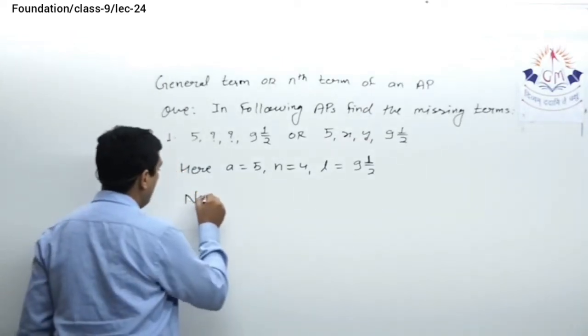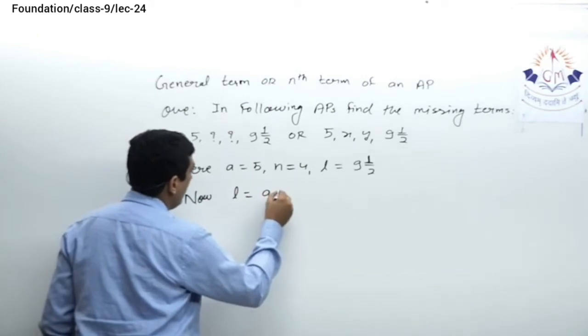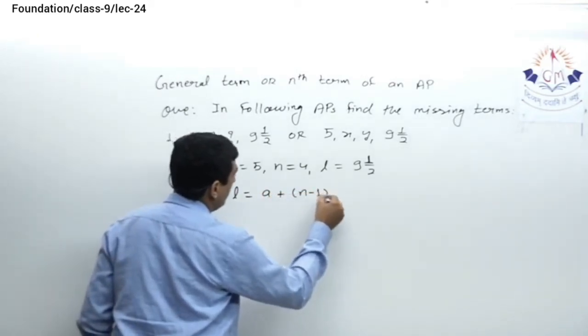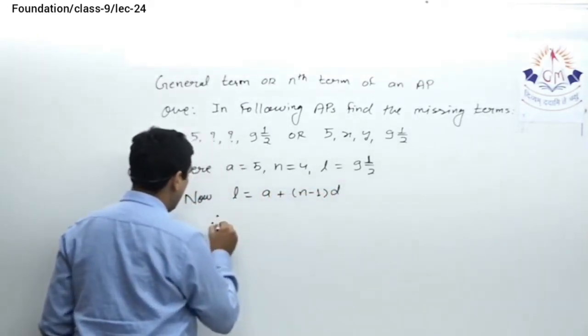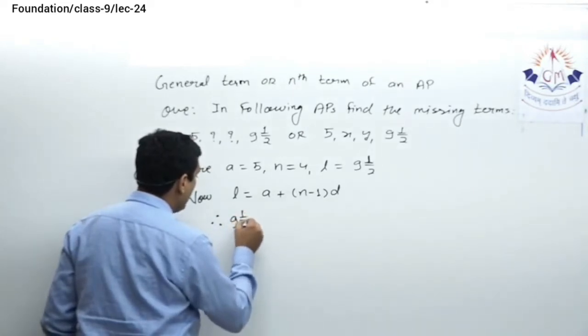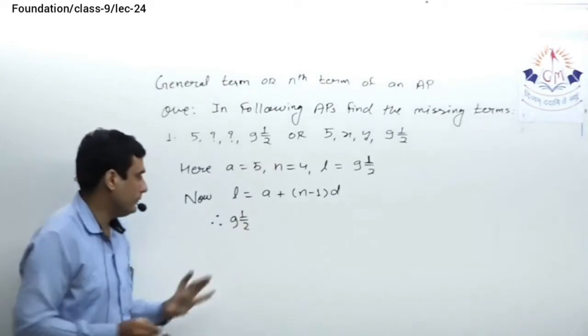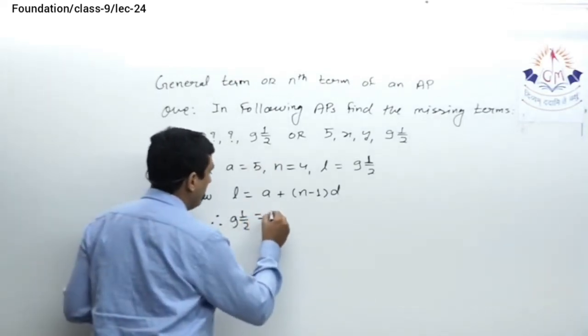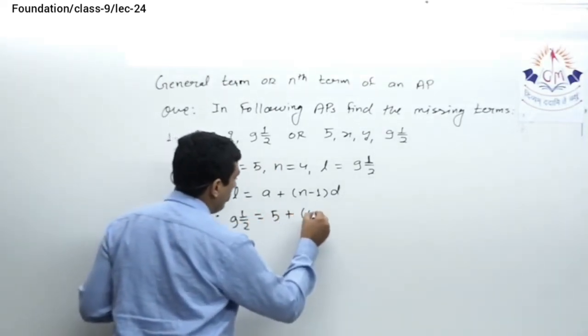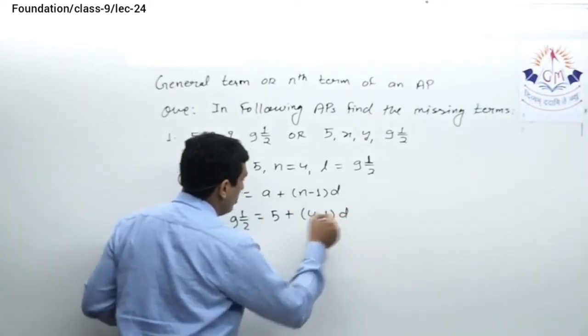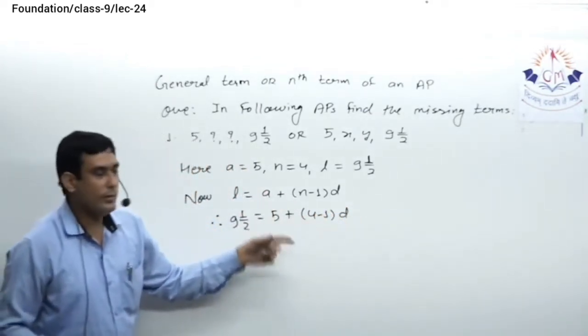Now I can say l is equal to a plus n minus 1 into d. Therefore 9 integer 1 by 2, see, this is the last term because there are only 4 terms, is equal to a, that is 5, plus n, that is 4, minus 1 into d. So this gives you d.